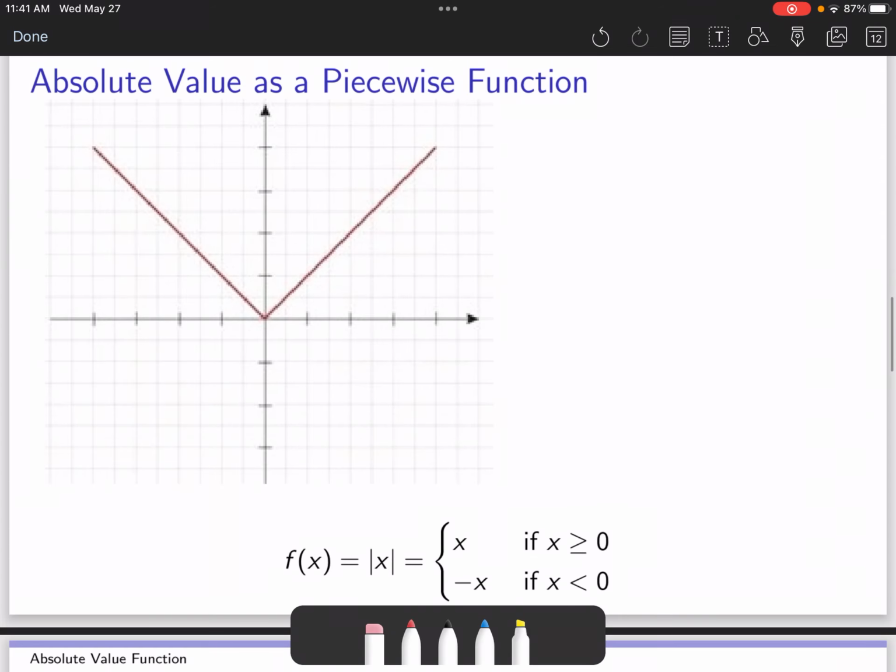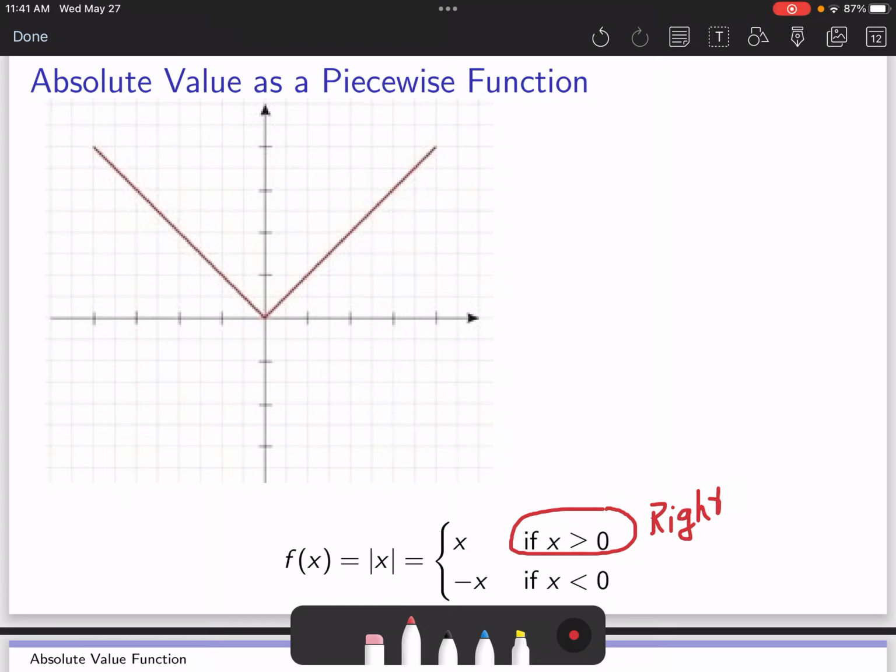We could also define the absolute value function as a piecewise function, because if we only look at the places where x is positive, so this is the right side of the y-axis, of x equals 0, the graph looks like the line y equals x.